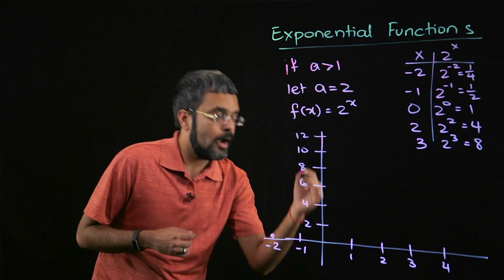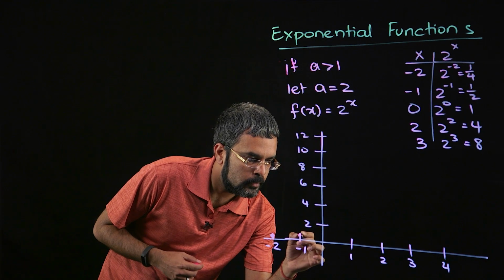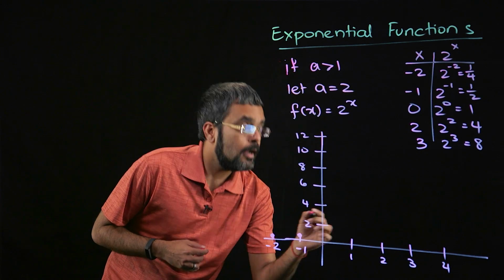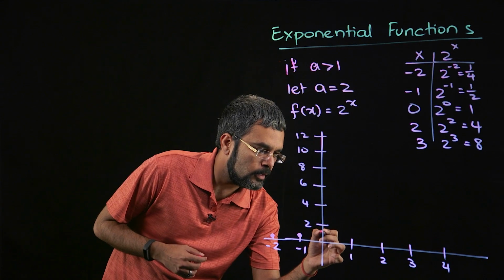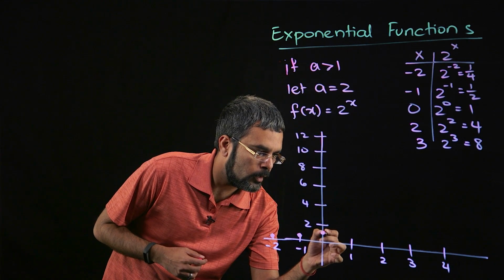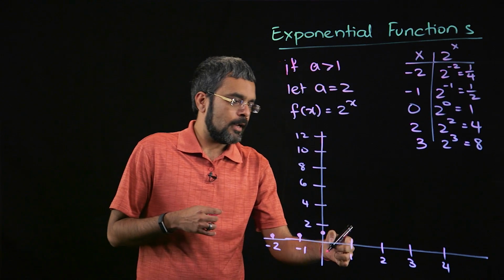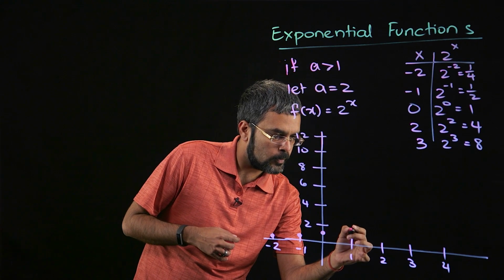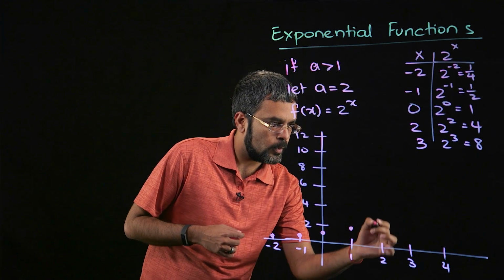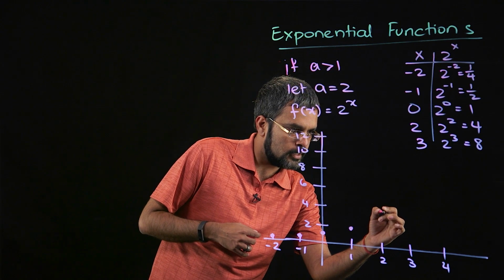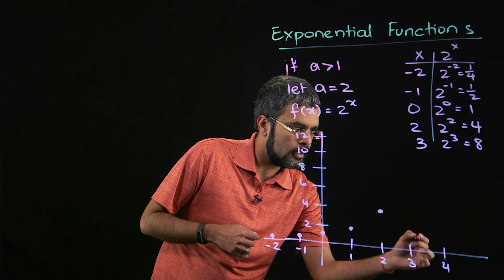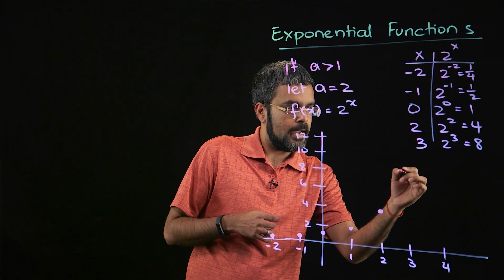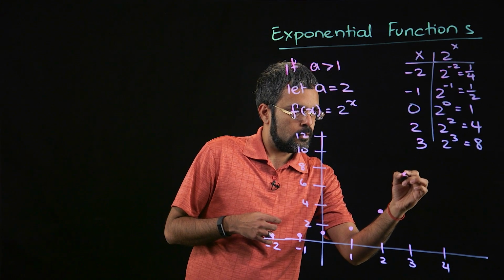Then a half would be about here. And then I have 1 at 0, so this is my point 1 right at the halfway mark. At 1, well, I didn't write down 1, but 2 to the 1 is 2. So we're going to have 2 here. 2 squared is 4. And as you can see, now it's starting to rise pretty rapidly. And then for 3, it's going to be 8, which is up here.